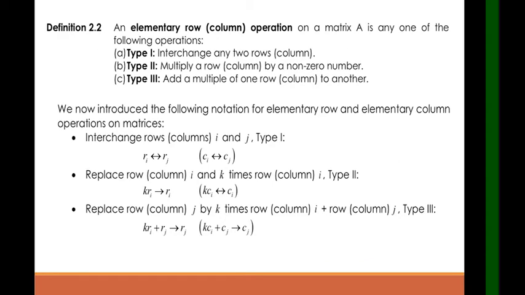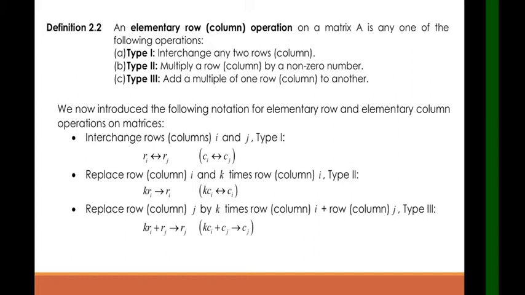Now, let's start with the elementary row and column operations. So, I'm done discussing the introduction about the echelon form, kung ano yung appearance niya. Now, I'll be going to discuss the first part, which is the elementary row and column operation on a matrix A, which is any one of the following operations.